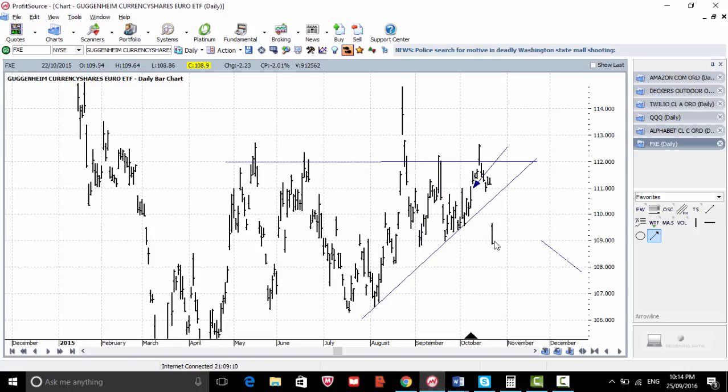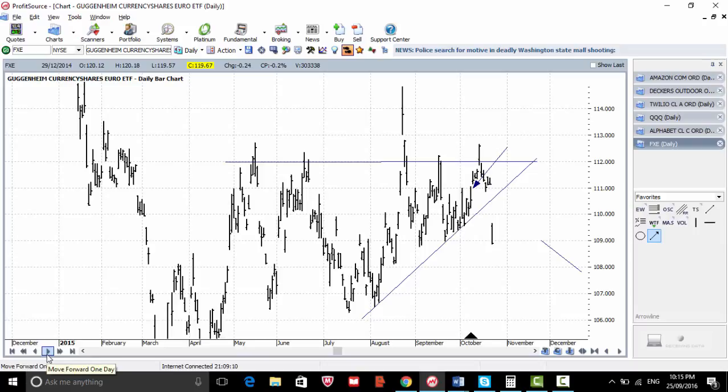So right now, if we are going to have a prognosis that the euro is going to continue going lower, we need to see right on the next day a close below this current close, which is 108.9. I'll talk in a moment about exactly how I manage this trade.